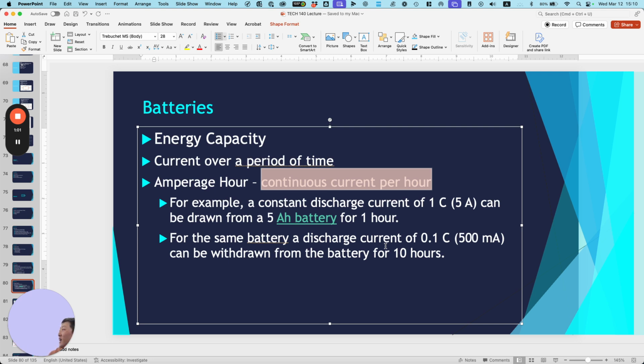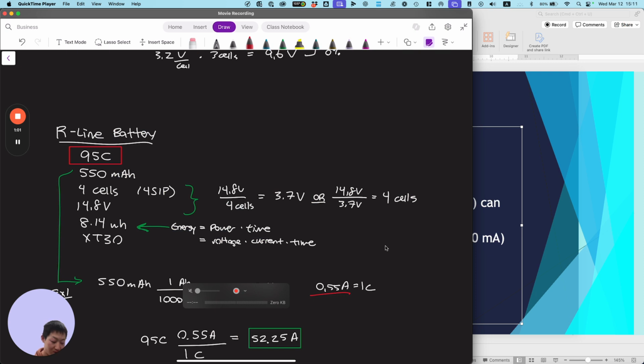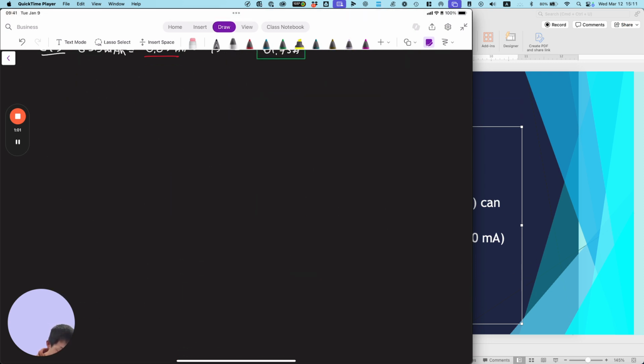What if you had something that uses 10 amps? How long would the battery be able to provide 10 amps for? 30 minutes. Do you need to do the math here? We can just show you. If we had a 5 amp hour battery and we want to use it for 1 hour, we are using, let me draw it as this, 5 amps per hour.